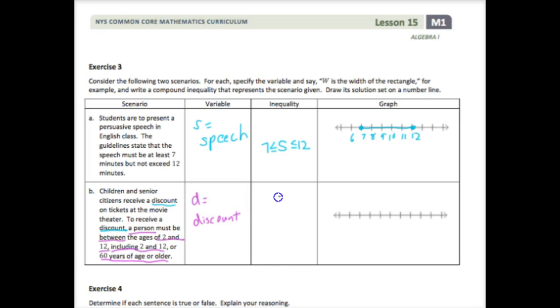So first of all, if your age is between 2 and 12, you can have a discount. Or if your age is greater than or equal to 60, you can have a discount. How nice.